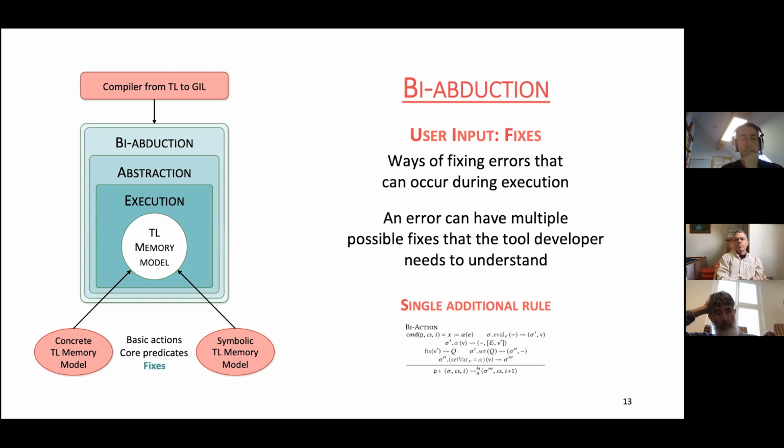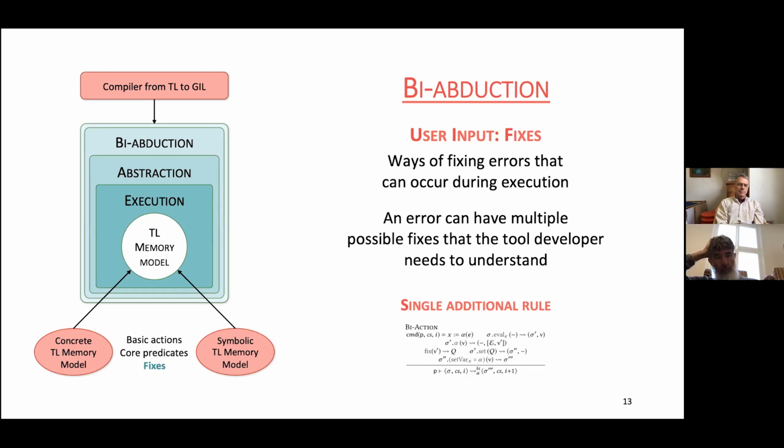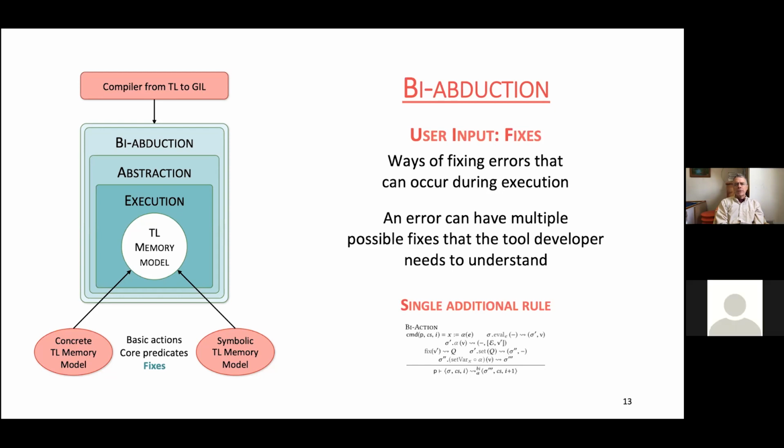The last one is bi-abduction, and bi-abduction is extremely simple, and we were really pleased when we realized what was going on. In an operational semantics, or given an implementation, one knows what errors are. If you're wanting to get the value of an address in memory, and the address is not there, you're going to have an error.